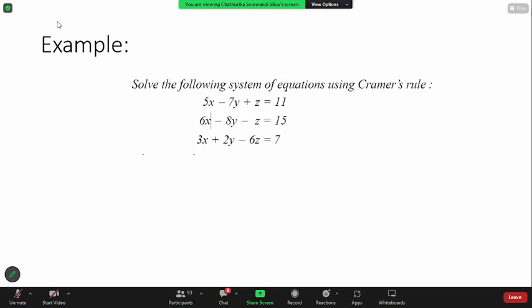It seems that you are taking too much time. Anyone who has found X? Either X or Y or Z.